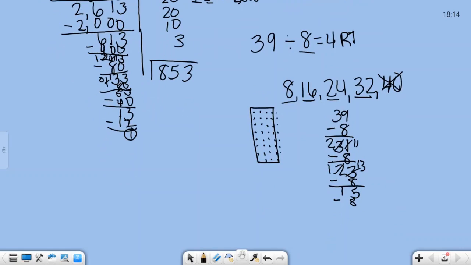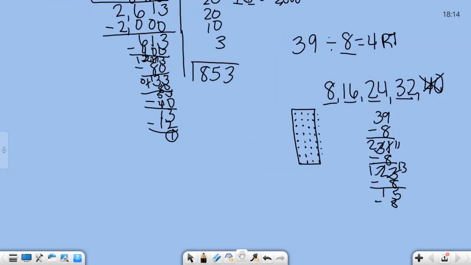Keep running out of room. And then I can't minus 8 again, so that's how many times did I subtract? 1, 2, 3, 4. So that's 4 times I've subtracted, and then I have 7 left over because I can't subtract another 8. So those are some different strategies.